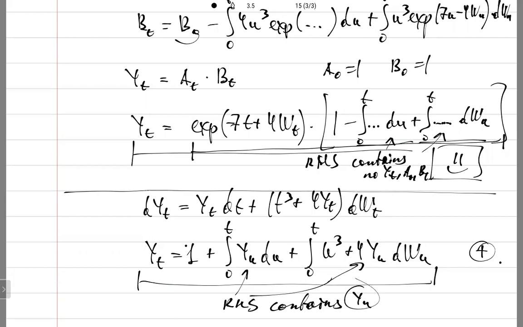What is bad is that your answer contains the original function. That is not acceptable. That is not an answer. I'm solving a differential equation and I obtain an answer that depends on the function itself, which is unknown. That's an equation. That's not a solution.